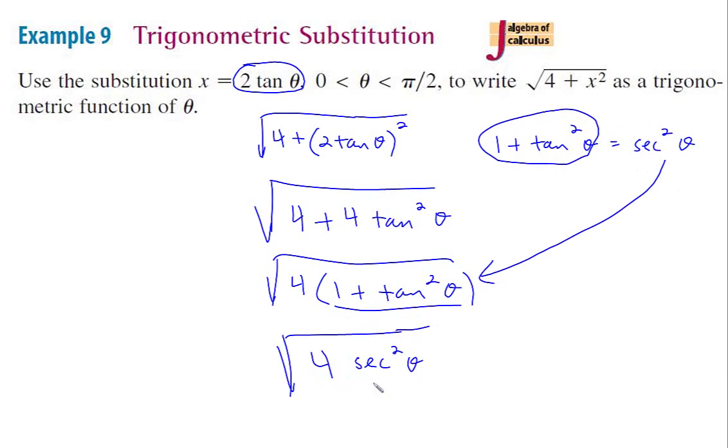Now that these are multiplying, we can square root them. Over here you can't square root this 4 and say the answer is 2, because this is one whole term, connected by the plus. But now that these are multiplying each other, we can square root the 4 and we get 2. The square root of secant squared is secant, so our answer is 2 secant theta. Okay.